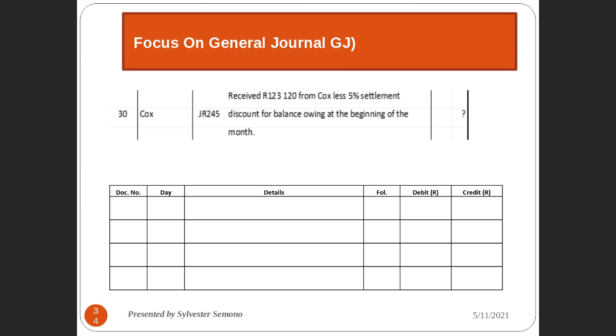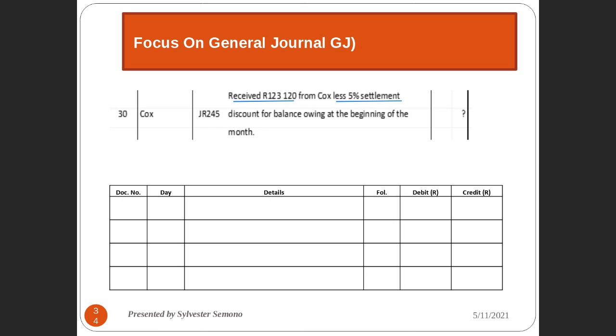Let's try the next one. The next one, it says received. Let me highlight. We received 123 from Cox, less 5% discount for balance owing at the beginning. So we were owing him, he was owing us, and we received 120.